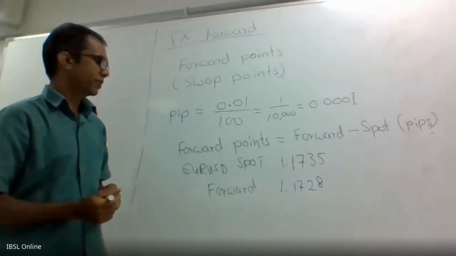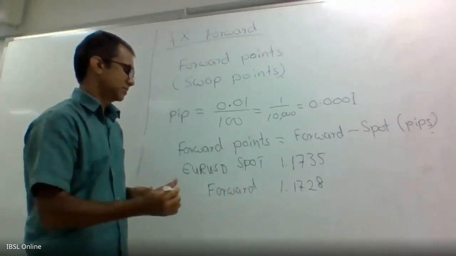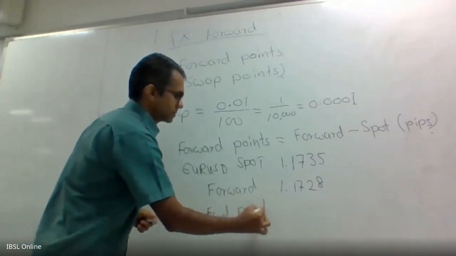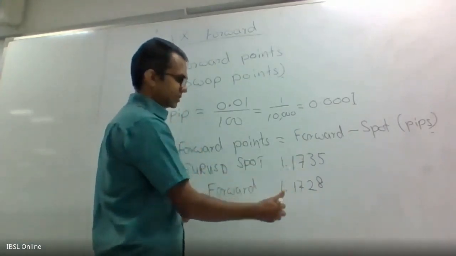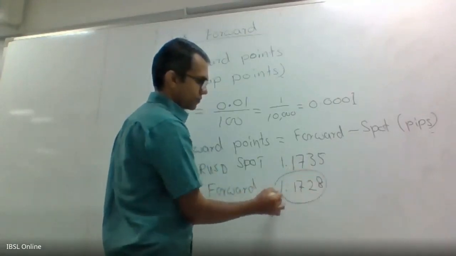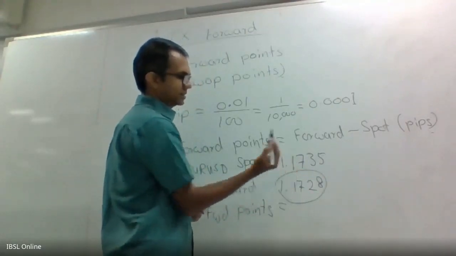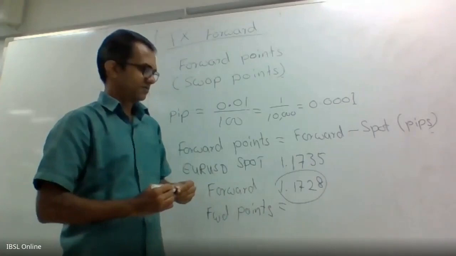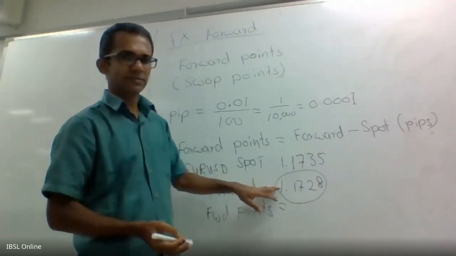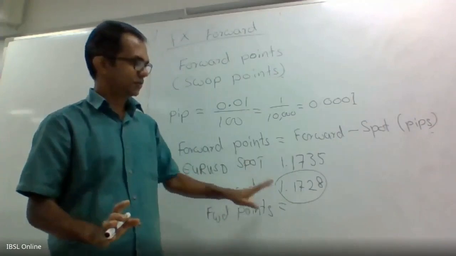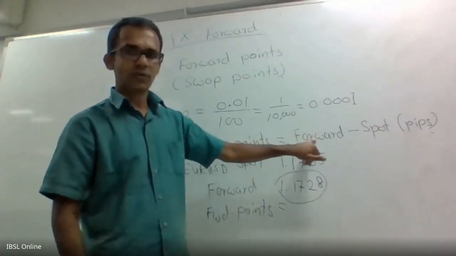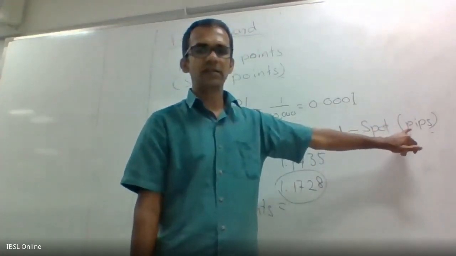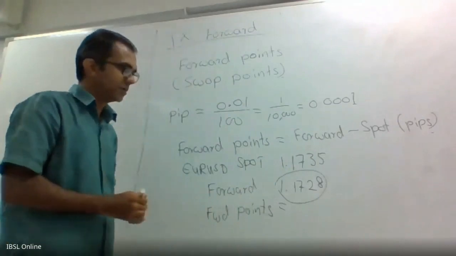Then what are the forward points in this example? Difference between forward and the spot. Forward minus spot. Remember that. Whether the forward is the largest figure or the smallest figure, irrespective of that, we always calculate forward points as forward rate minus the spot rate and express it in terms of pips, not as a decimal point.